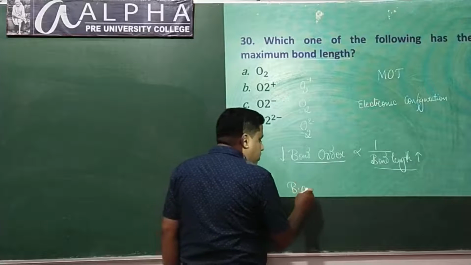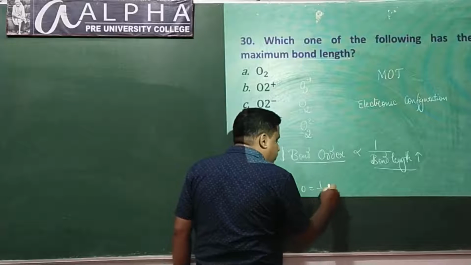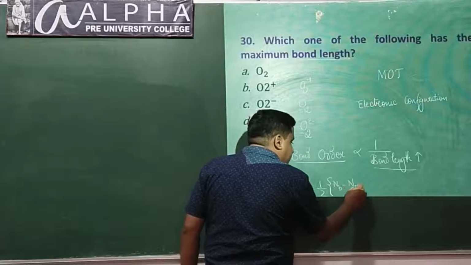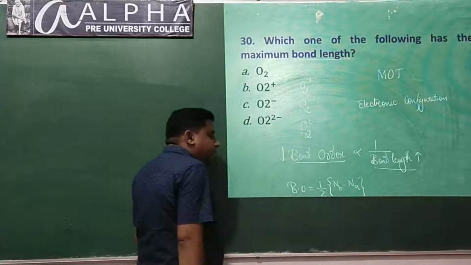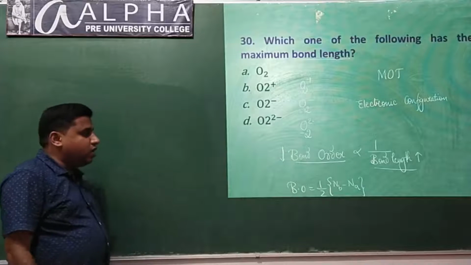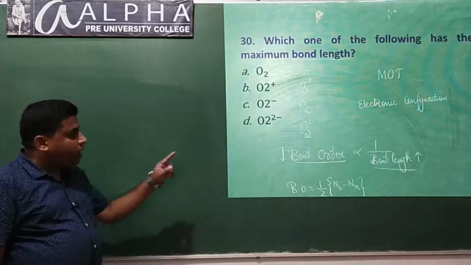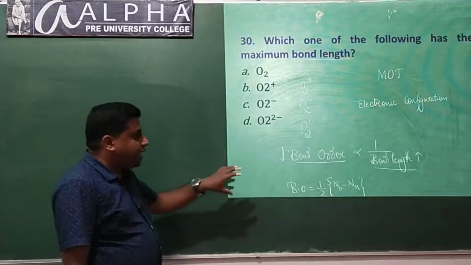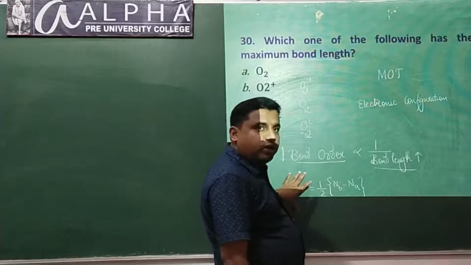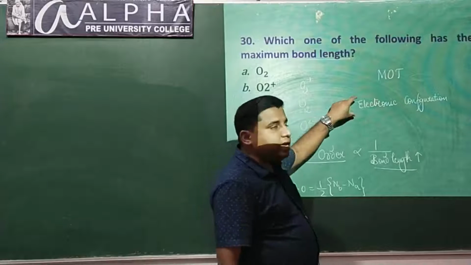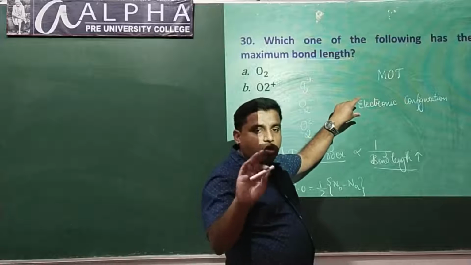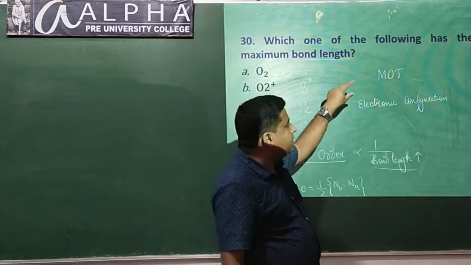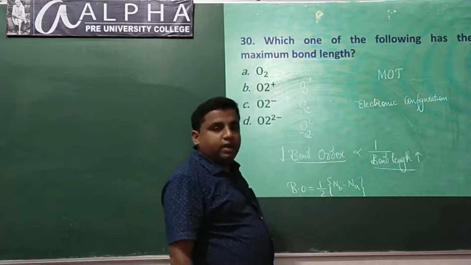Bond order is equal to half of NB minus NA. So let us calculate the bond order. You have to write the electronic configuration as given by molecular orbital theory, not the normal electronic configuration.